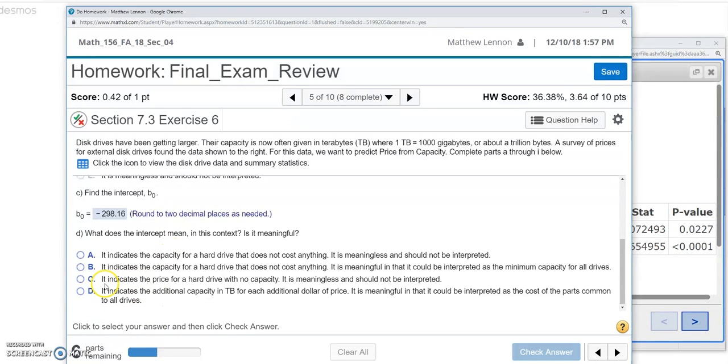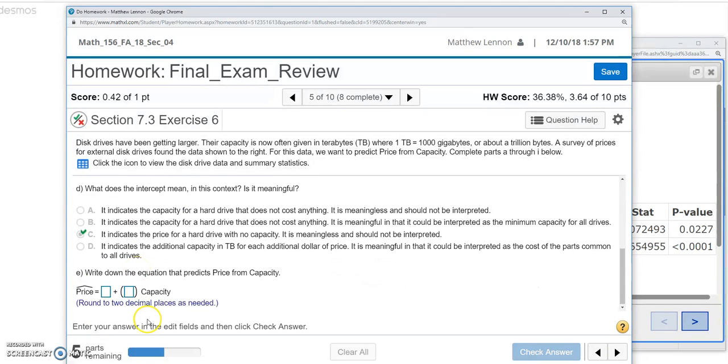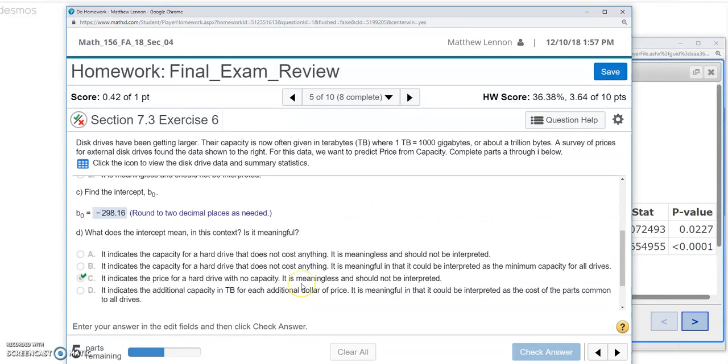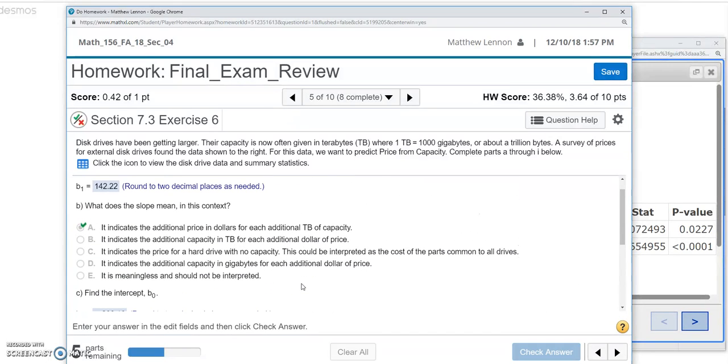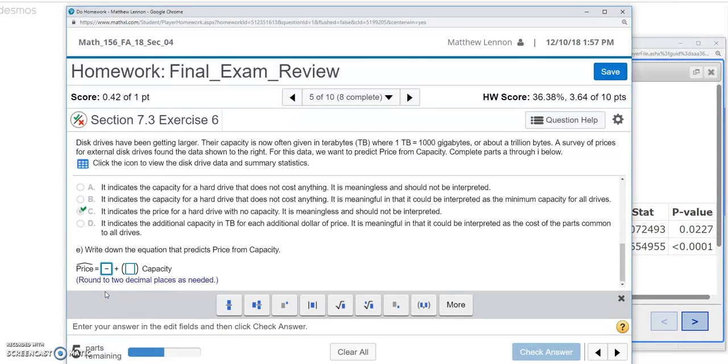So it's indicating the price for a hard drive with no capacity. All right. Writing down the equation is essentially just the same as before, but you have everything you need to interpret the last things. But okay, let's do one more part. So minus 298.16 and then 142.22, I believe.